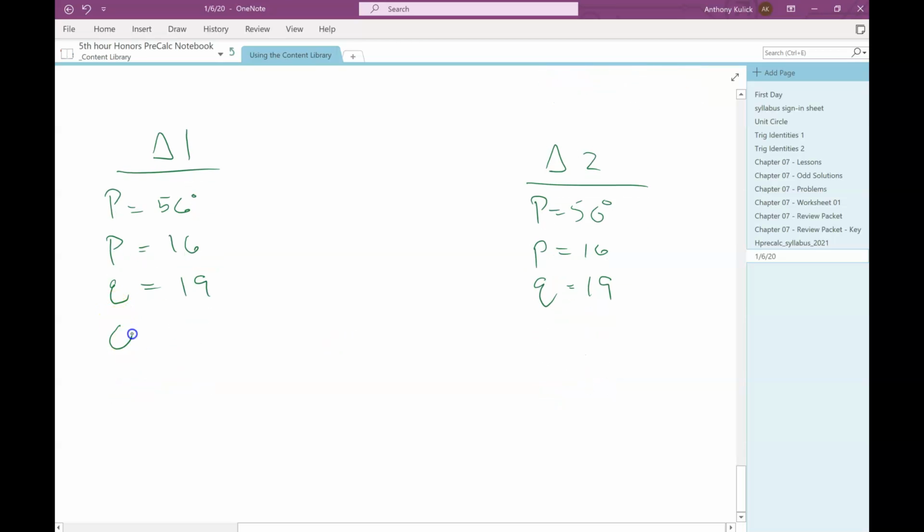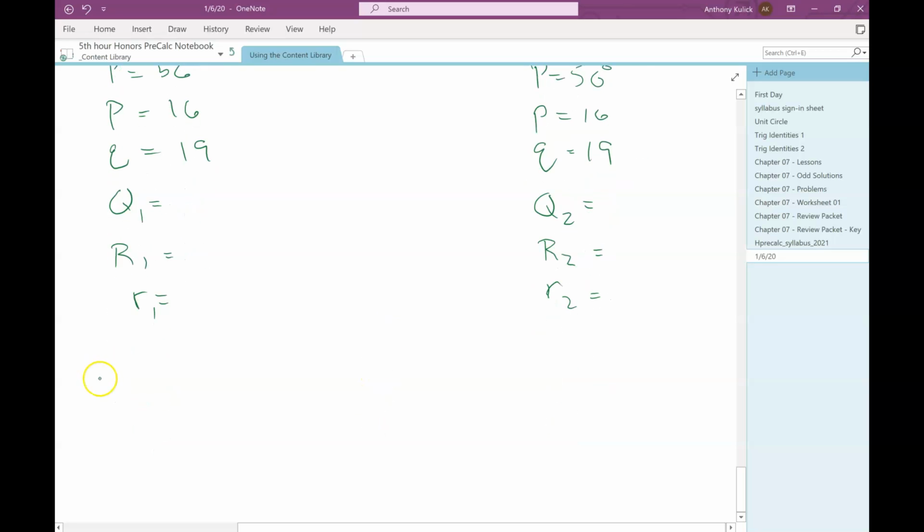And we're going to solve for angle Q, angle R, and side R. And I'm going to put subscripts on these so that it's easy for me to keep track of which value goes to which triangle. Is everybody okay with that idea? So that's just some notation that helps me kind of keep things organized.